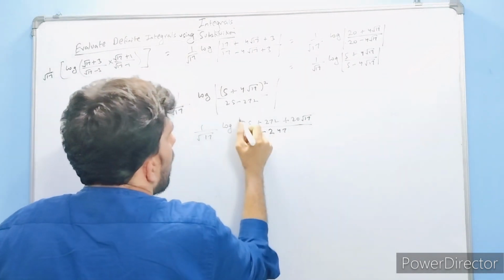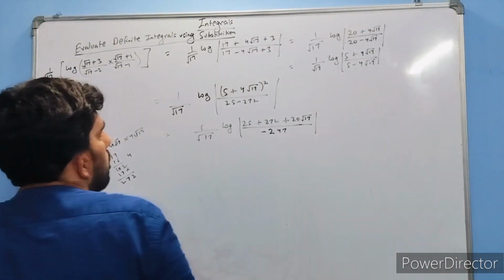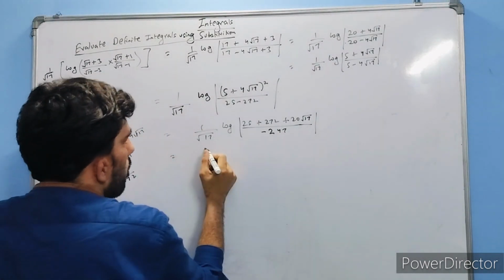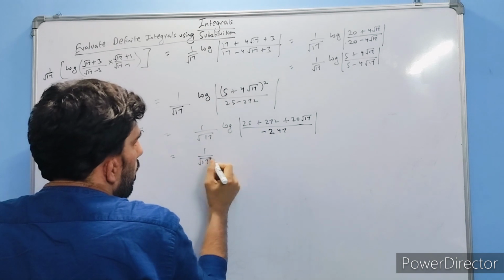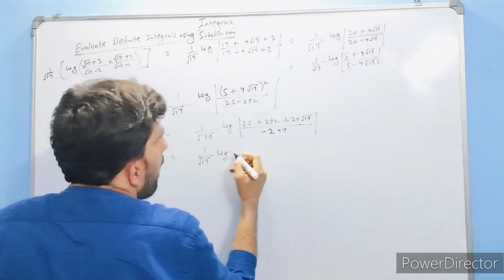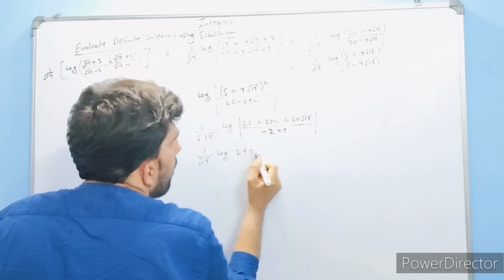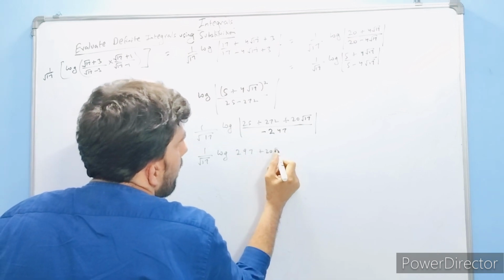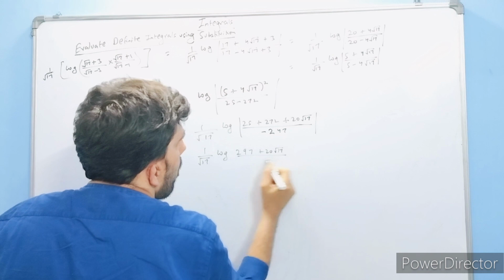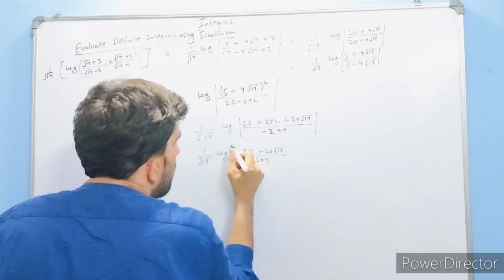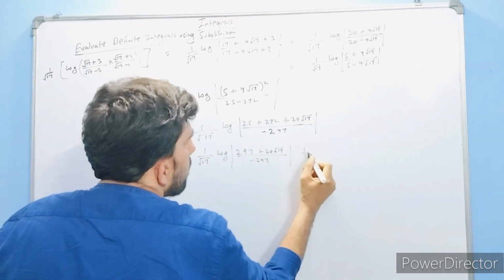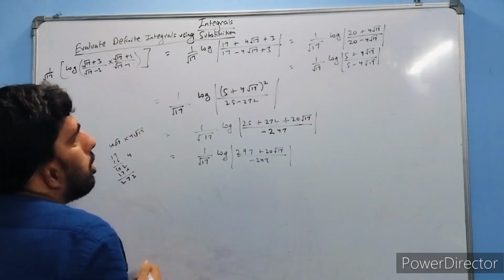Okay, so now I can solve it further. I got log, if I add, I will get 97 plus 20 root 17 upon minus 247, so that is my answer.